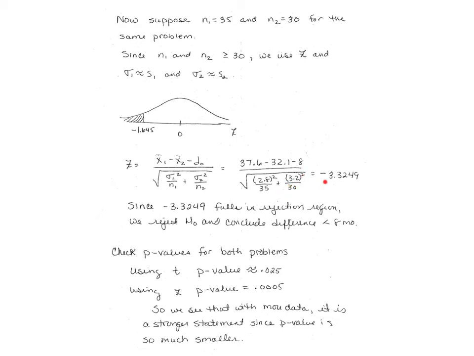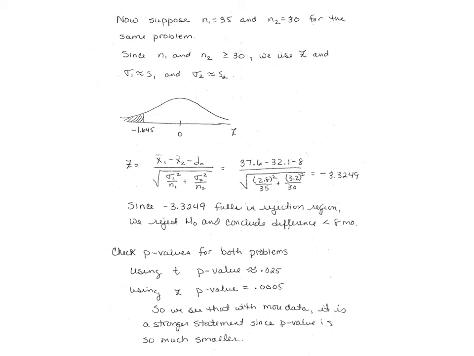And in this case, we get negative 3.3249. It indeed does fall way down here in the rejection region. So since negative 3.3 falls in the rejection region, we reject the null hypothesis and conclude the difference is less than 8 months.